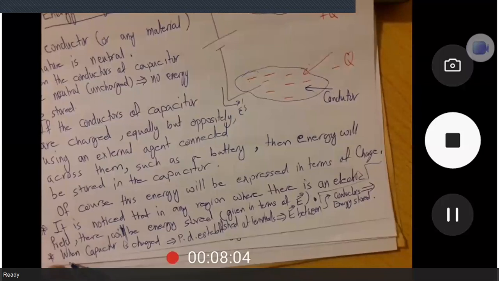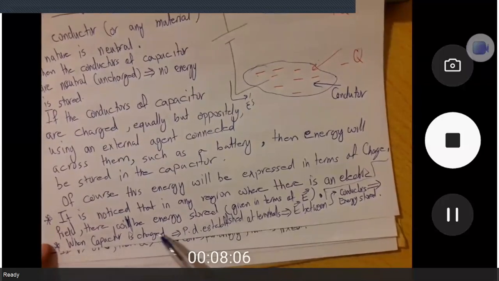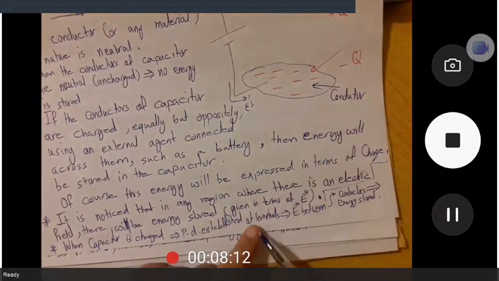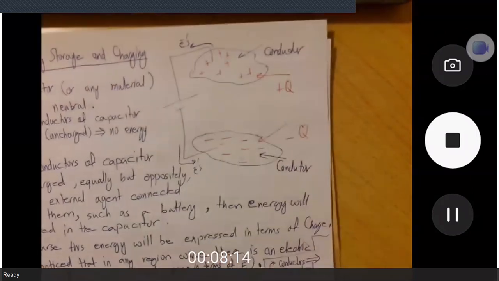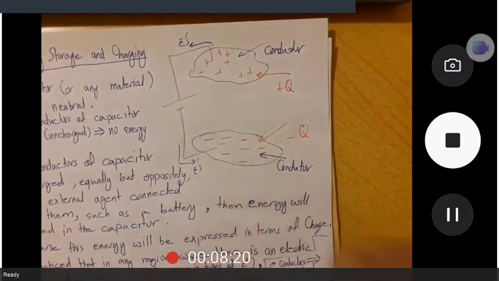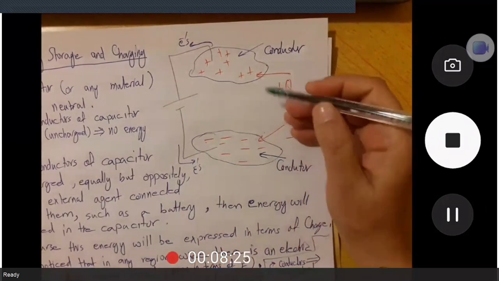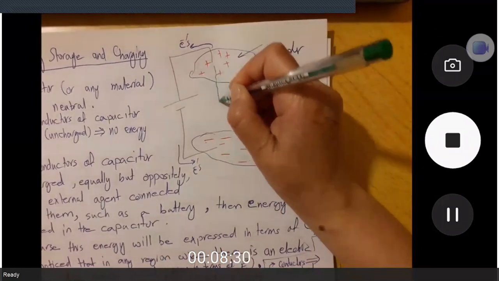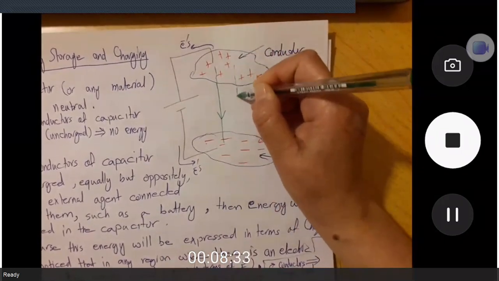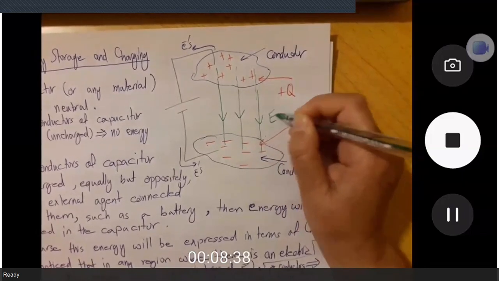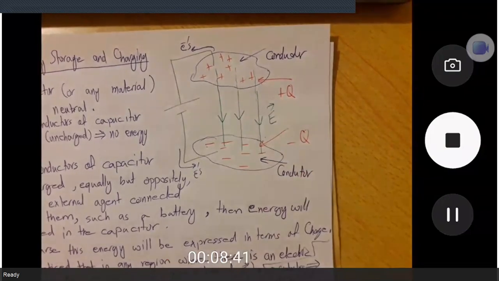Okay, so when the capacitor is charged, if I put a voltmeter here, there will be a potential difference. And we all know that if I have a charged element, due to the charges there will be an electric field created. You will notice that in this capacitor, one side is positively charged and the other negatively charged, so there will be an electric field directed from the positive to the negative, established between the two conductors.